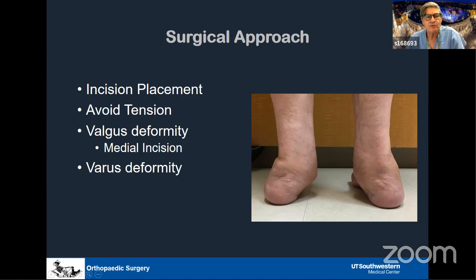If I have a varus deformity, I want to go lateral because when I close the incision, it won't be under tension. And as you can see in this illustration, I'm going to go medial so that when I reduce that, that is not under tension. So if you're not comfortable with the medial approach and you make this incision laterally, when you reduce this, the lateral incision is going to be under tension and high risk for wound complications.